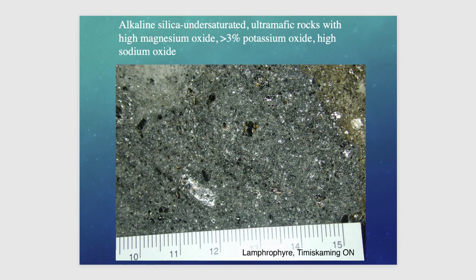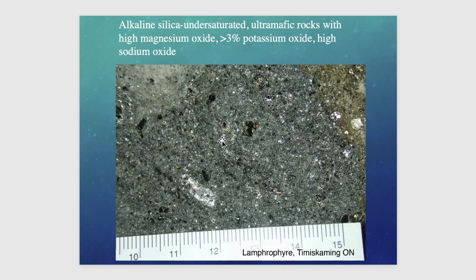The lamproites, you see, are very similar, but quite often they have this unique appearance of micas, phlogopites. So you can see crystals in here of what I believe is a mica, and that would likely be a phlogopite, so a variety of biotite.